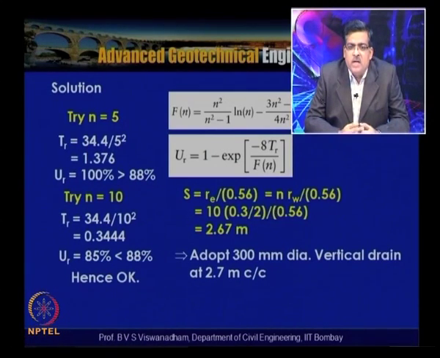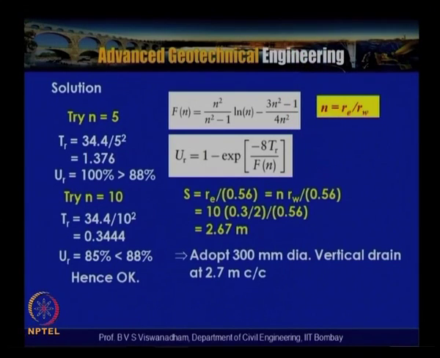If we consider n is equal to 10, then the spacing can be determined for a square arrangement, because we said that for square arrangement dE is equal to 1.13 s. So the effective radius is nothing but s divided by 1.13 by 2. So s is equal to RE by 0.56, which is nothing but n into RW by 0.56.